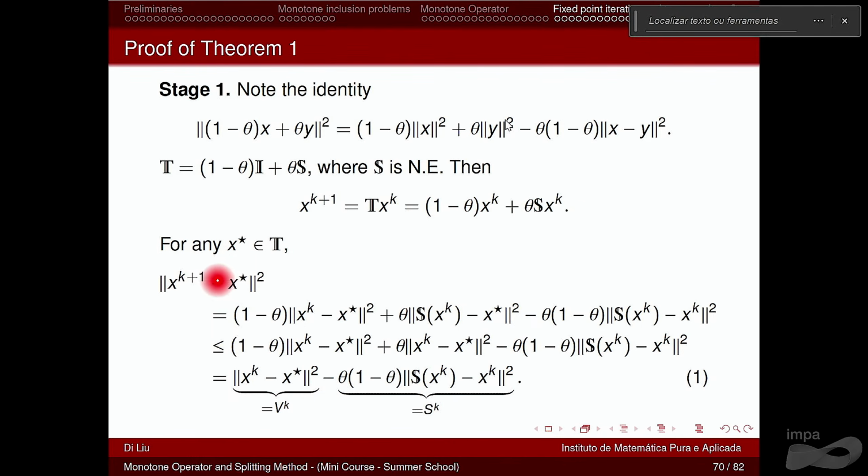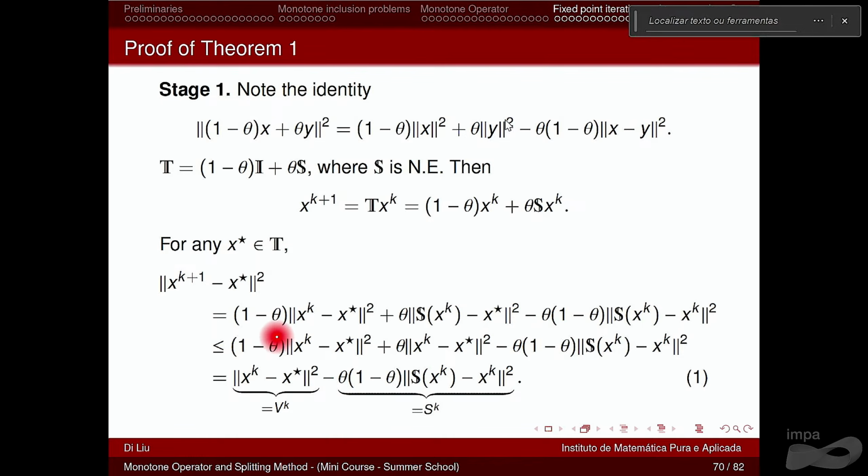So we analyze the norm square of x_{k+1} minus x star. By the identity here, we can expand this square into the sum of three square terms: xk minus x star, s xk minus x star, and s xk minus xk. Next, we use the property of s.